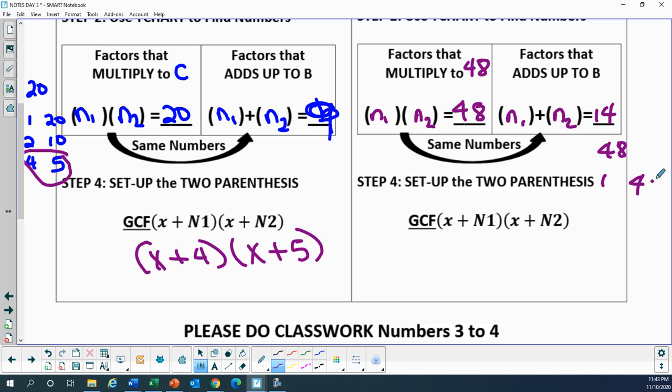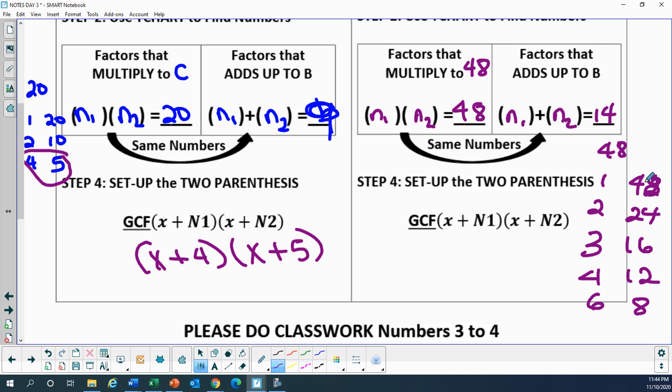So 1 times 48, 2 times 24, 3 times 16, 4 times 12, 6 times 8. As I go down, I was also adding.